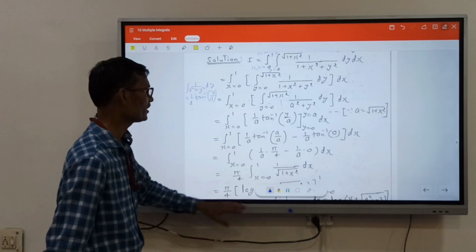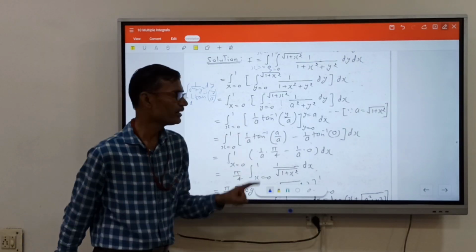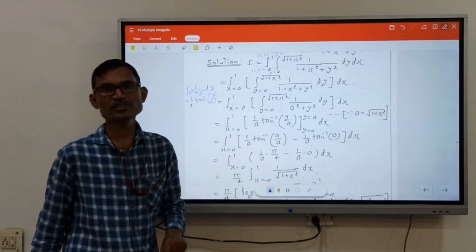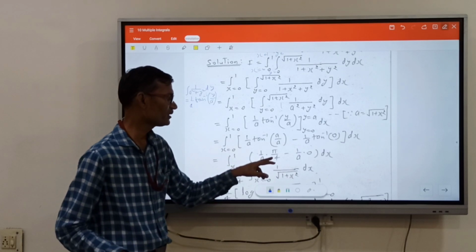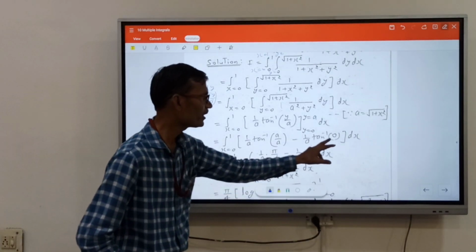This way it becomes 1 by a into tan inverse 1. And tan inverse 1 is nothing but pi by 4, that is 45 degrees, so in radians it is pi by 4, minus 1 by a into tan inverse 0.